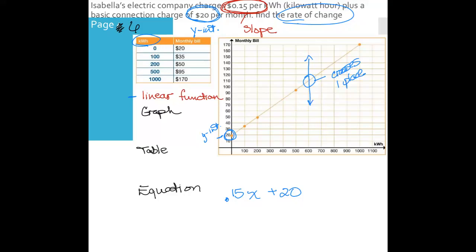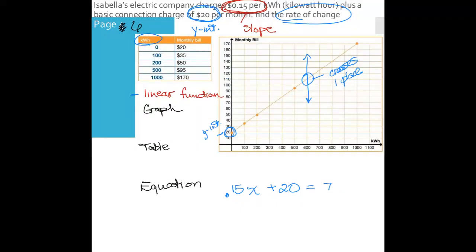Okay, is that an equation? We're really close. Equals 70? 170? Is it always going to be 170? No. She is really close. Help her out. Equals y.